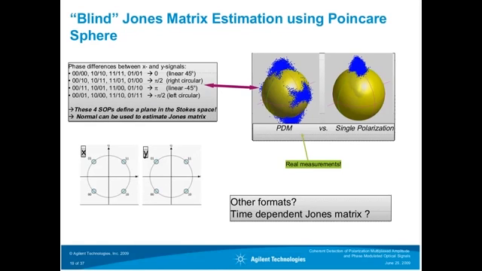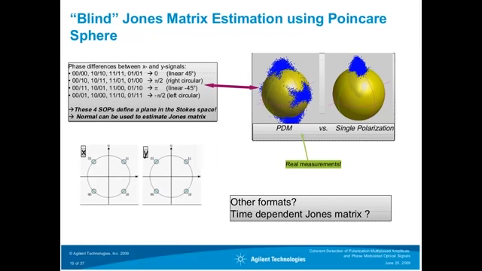So here's an example of a blind Jones matrix estimation using the Poincare sphere. So what we have here is sending out a QPSK signal we have introduced on the slide about complex modulation on the X and on the Y channel. And we're looking at the phase difference that's sent out on the X and Y polarization, and what this means for the signal in the Stokes space, where you can represent the polarization of your signal.